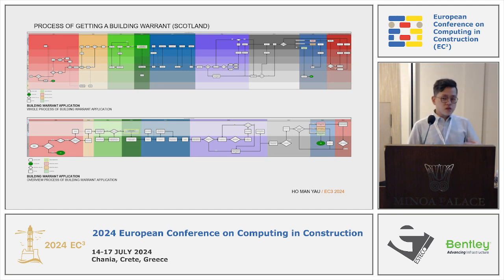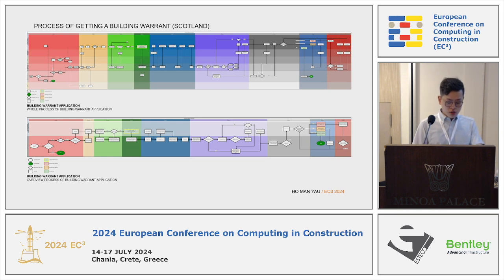So a lot of human power is involved, and lots of errors might occur during the applications. The structure of the building warrant application is so confusing, and every local authority uses its own system, which means the same application will be processed differently. For example, it might be accepted by Edinburgh City Council but not Glasgow City Council, because it's not centralized.